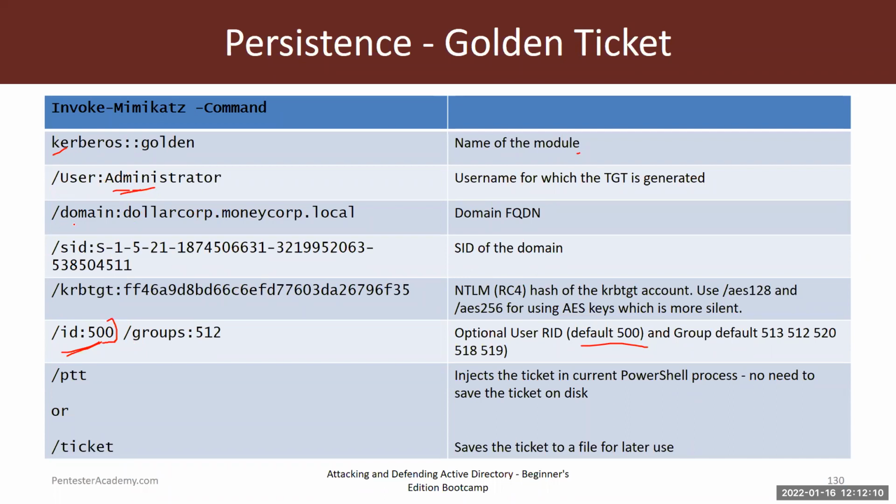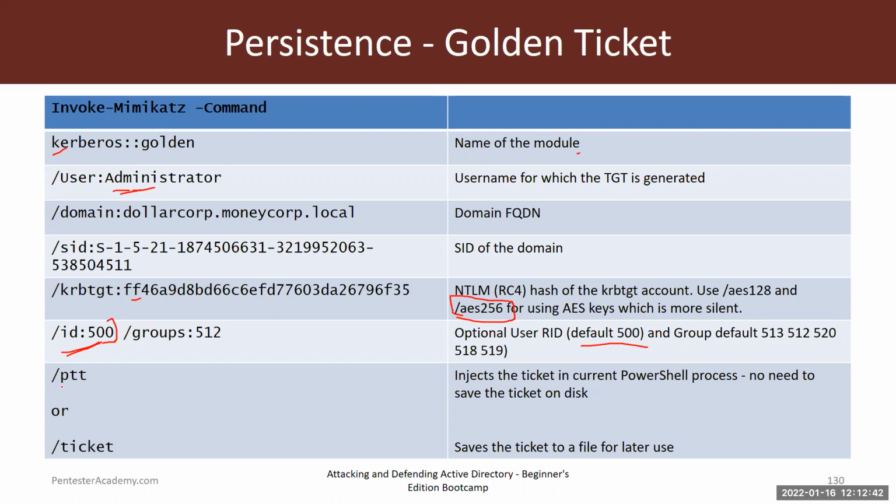Next comes the FQDN of the target domain, the SID of the target domain, and the secret of the krbtgt account. This is the NTLM or RC4 hash. It is recommended to use the AES256 key and not the RC4 to avoid detection from tools like MDI. All right.